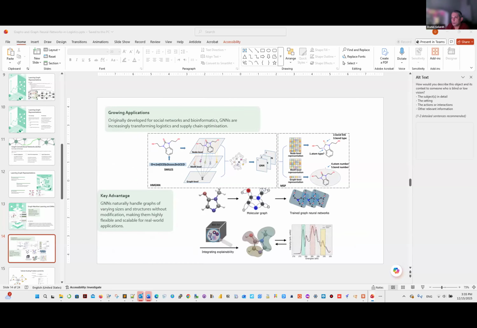This is an area where a lot of new applications are emerging, in identifying new molecules and new drugs, for example identifying molecules with a certain boiling temperature, or that smell the same.